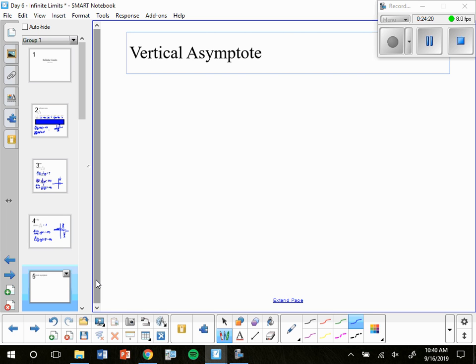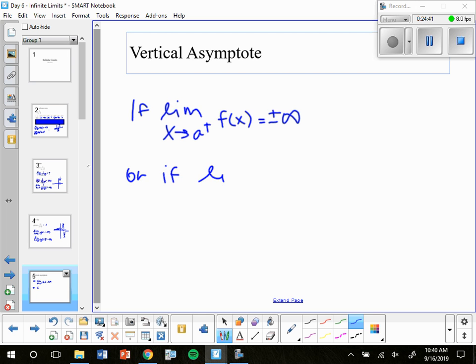And the formal definition of a vertical asymptote is: if the limit as x goes to a from the right of f of x equals positive or negative infinity, or if the limit as x goes to a from the left equals positive or negative infinity.